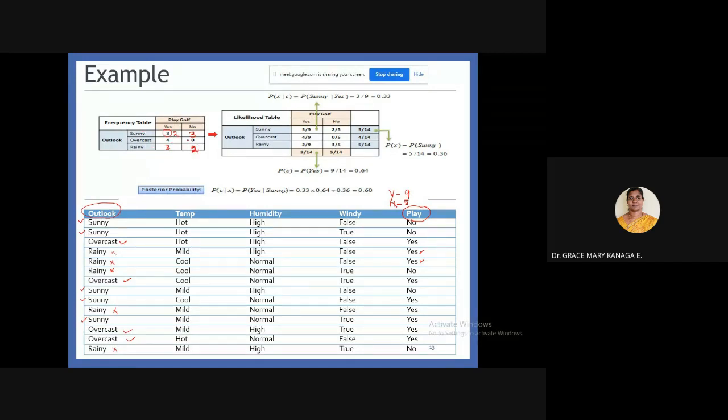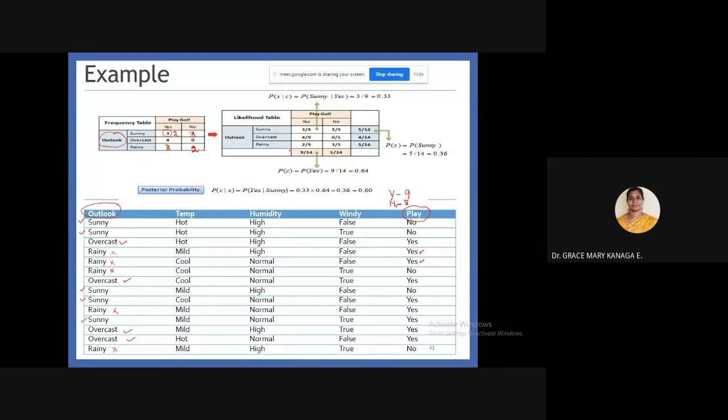Okay, so here actually you have 3 yes and 2 no's. Got it? So this is our frequency table for the attribute Outlook. Now from the frequency table, we are calculating the likelihood table, that is probability of X given the condition C. For example, probability of sunny given yes.